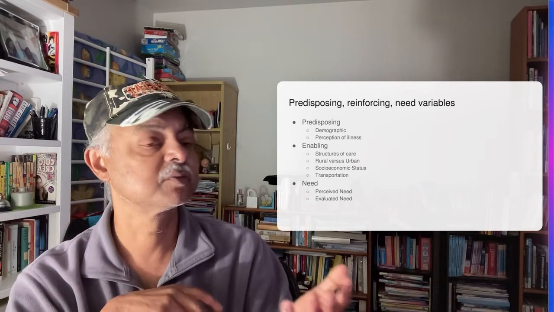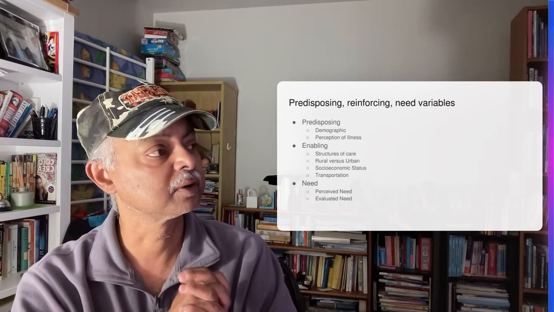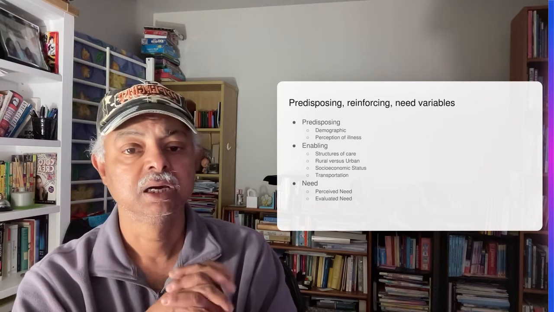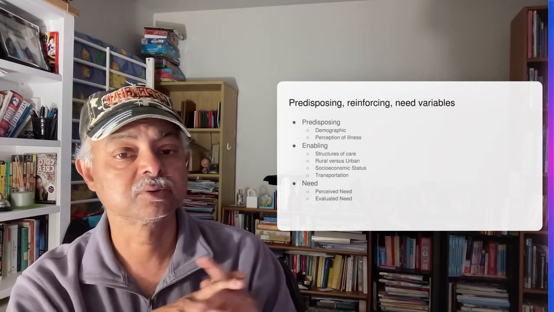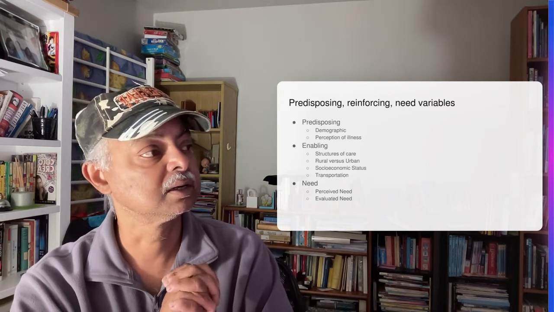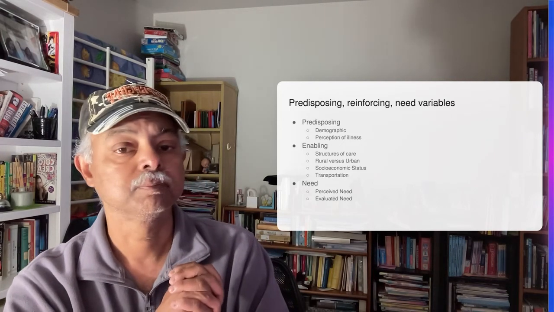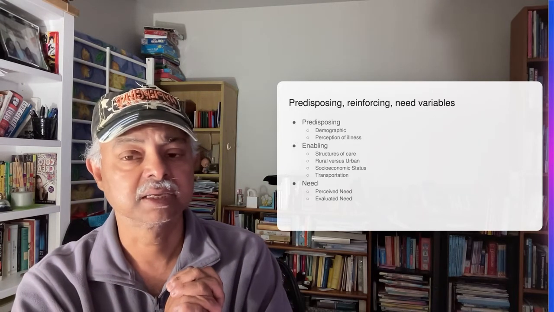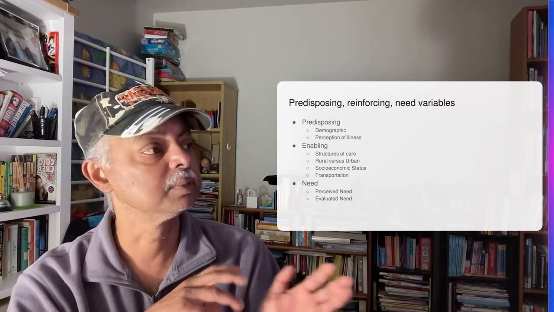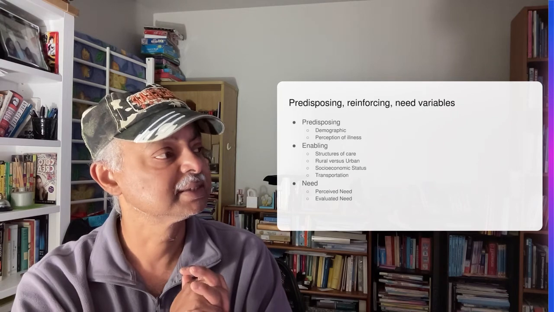So what are predisposing variables? For example, demographic variables: age, gender, perception of the illness, whether a person feels that they would really like to go and get to the place of care. Enabling factors are the ones that are made available to you by your health services system.